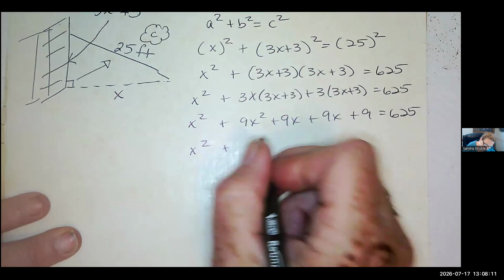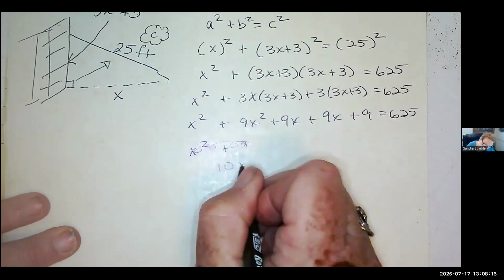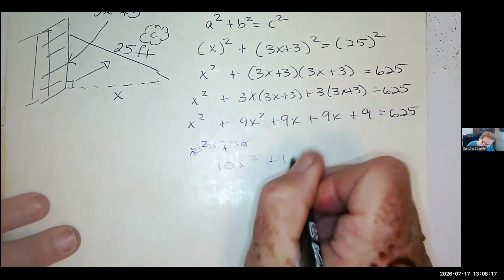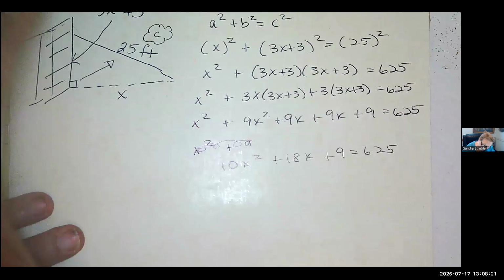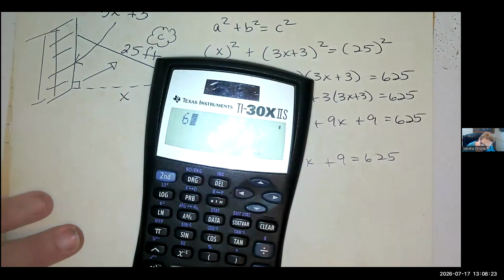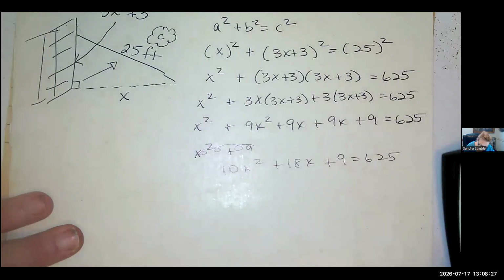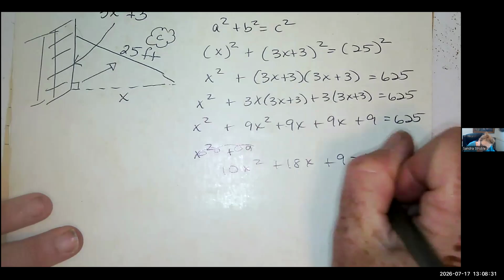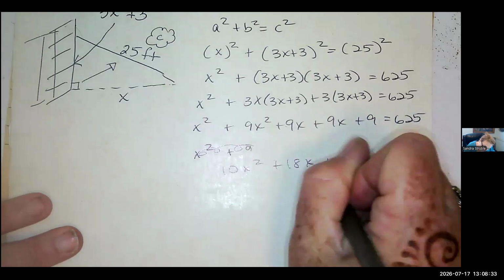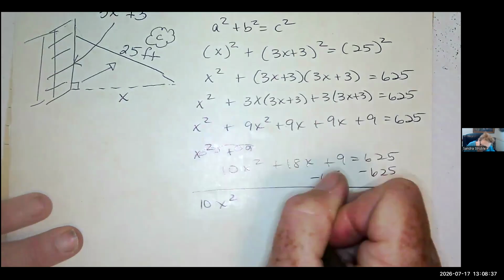Duh. 10X squared plus 18X plus 9 equals 625. 625 minus 9 is 616. I don't know why I did that. It's minus 625. 10X squared plus 18X minus 616.